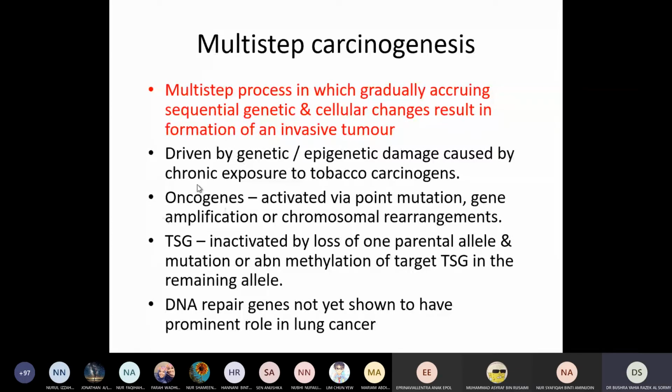It is usually caused by chronic exposure to tobacco carcinogen. Then oncogenes are activated via point mutation, gene amplification or chromosome rearrangement, and tumor suppressor genes are also inactivated by loss of one parental allele, or mutation.